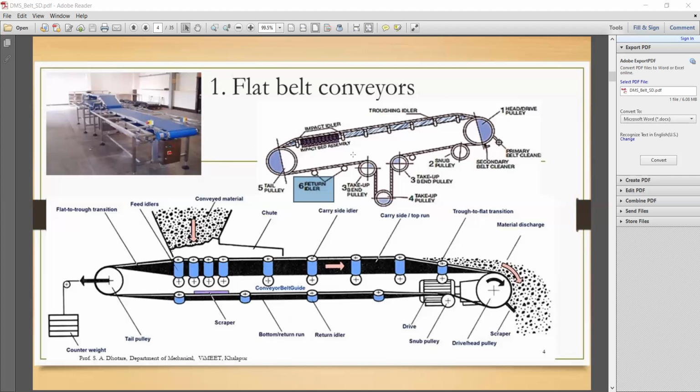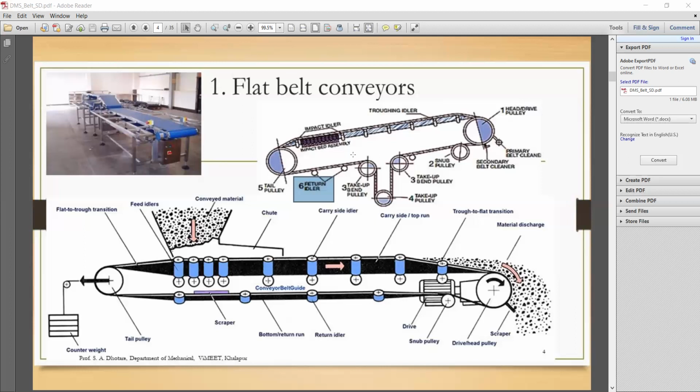From the operation and construction point of view, a flat belt is very simple to construct and very easy to operate, as there are very few parts, so maintenance is also required very little.